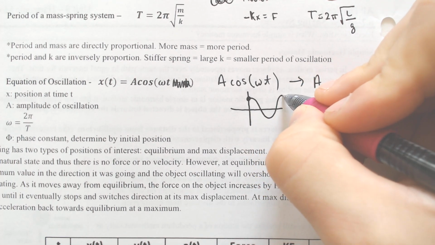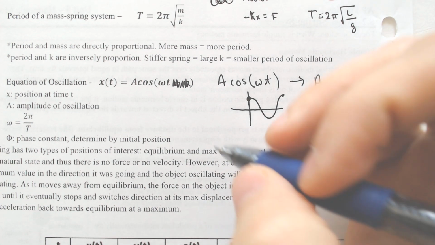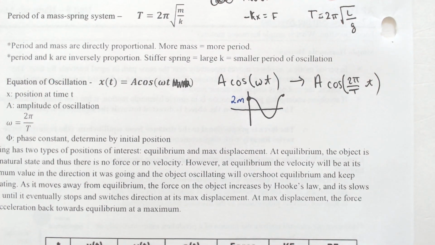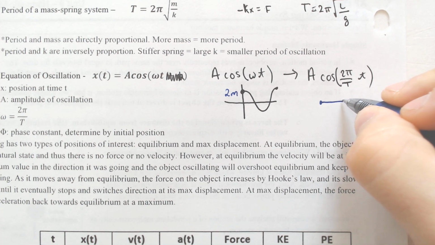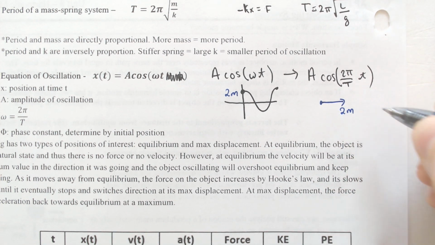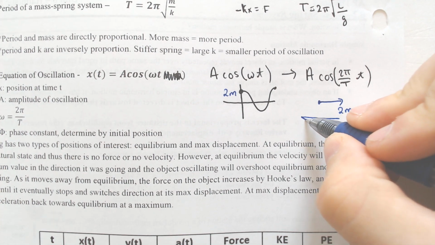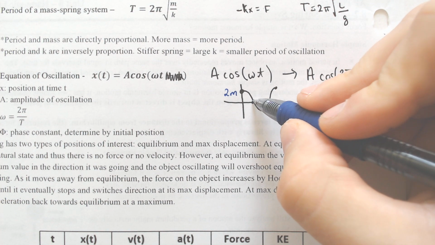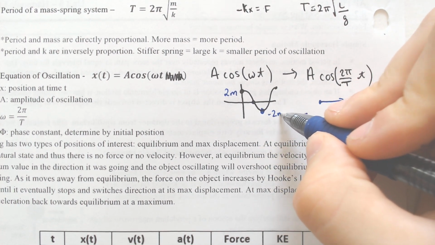The regular cosine graph looks like this. And let's say you pulled it a distance of, I don't know, 2 meters away. If you pulled the spring 2 meters away this way, it is going to want to restore and go back in the opposite direction, which is why it gets back to 0 for position, and then it goes to negative 2 meters.